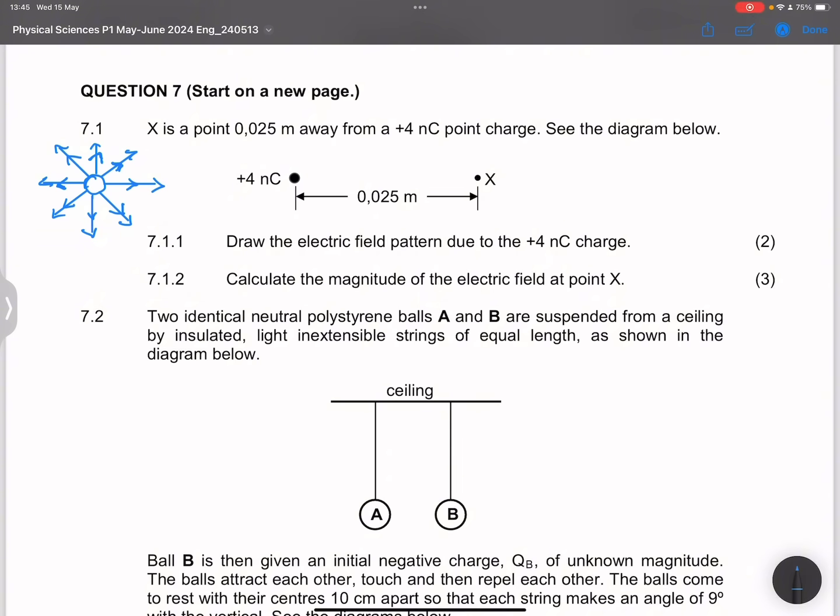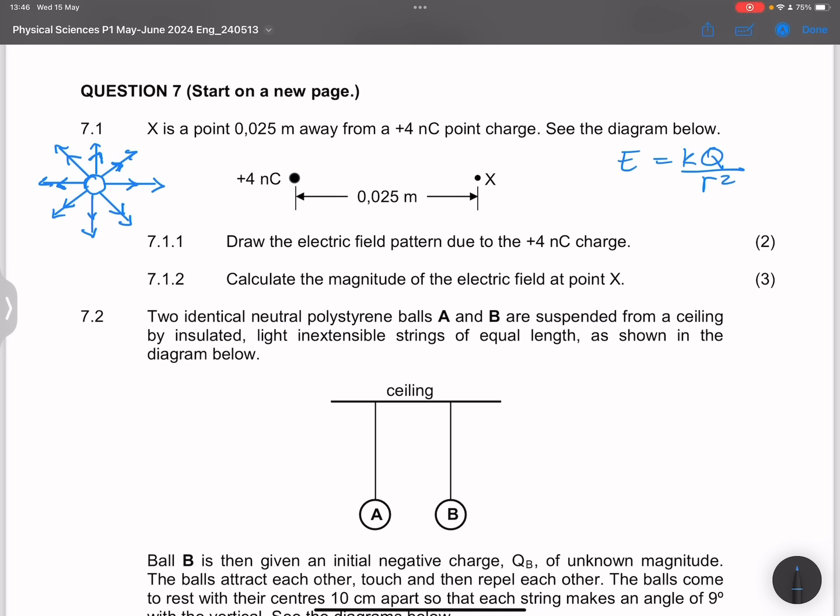Now, on the next one, they say calculate the magnitude of the electric field at point X. For the magnitude of the electric field, we say E is equal to KQ divided by r squared.